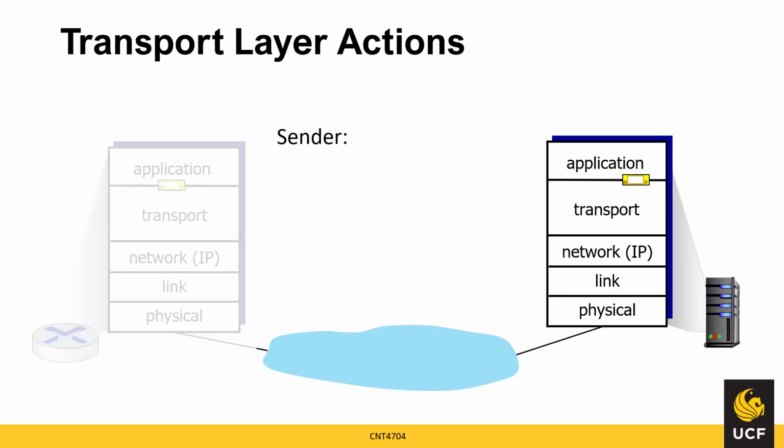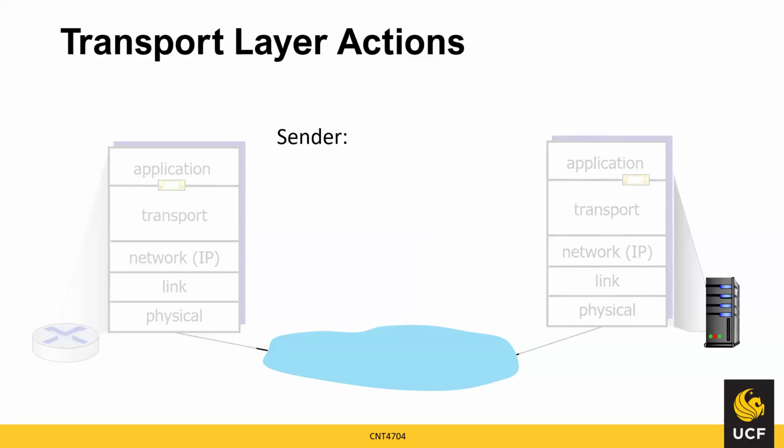We want to see an example of the transport layer in action and how it works. We will start with the sender first, and the sender is usually us. We are responsible for preparing the application data so it can be delivered across the network. The initial step is the application layer message.